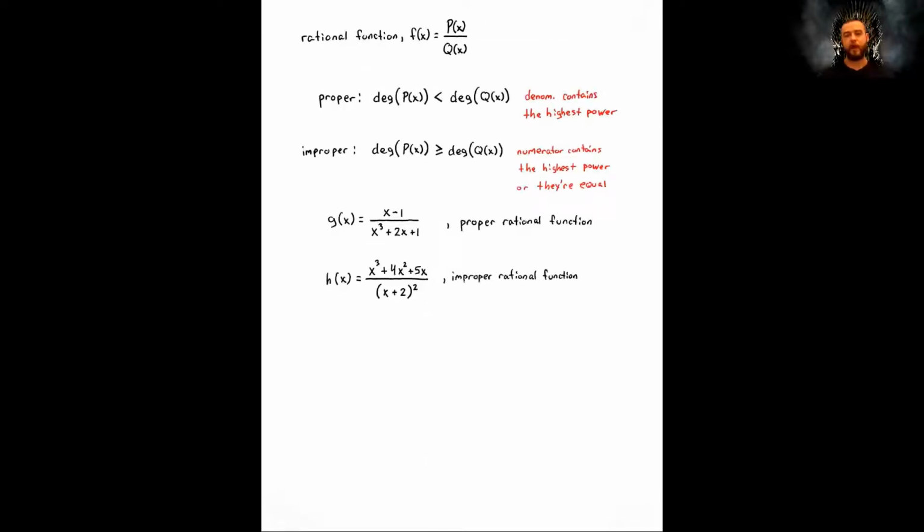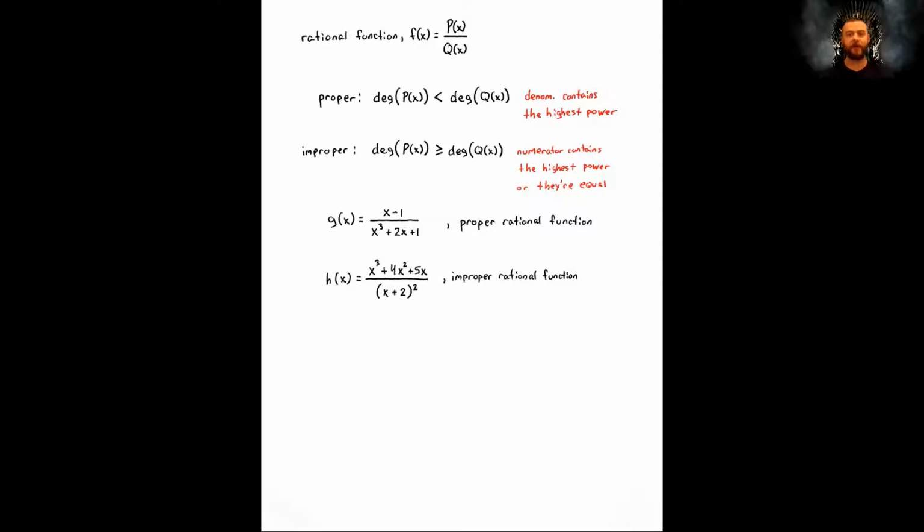In order for us to apply partial fraction decomposition, we have to understand that there could be 2 types of rational functions. The first type is what we are going to call a proper rational function. This is like a proper fraction where your numerator is less than the denominator, like 3/4. We would say 3/4 is a proper fraction.